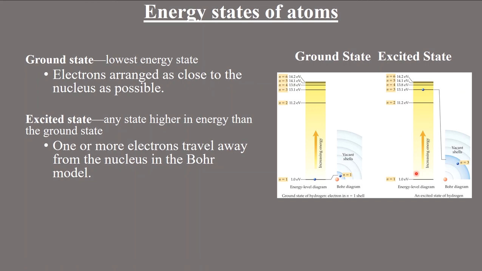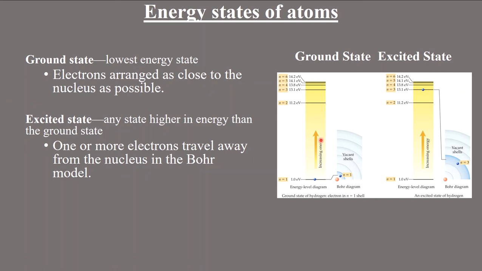So in the excited state, one or more electrons are located in higher energy shells, even though there are empty shells available at the lower energy level. There are many possible excited states for hydrogen.